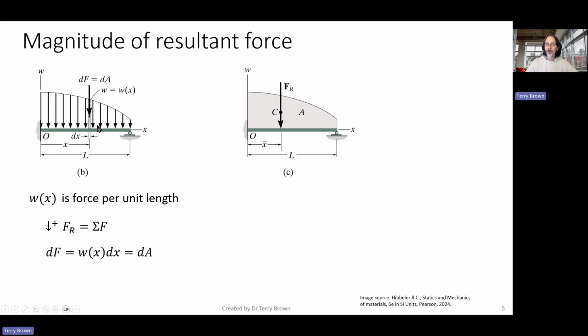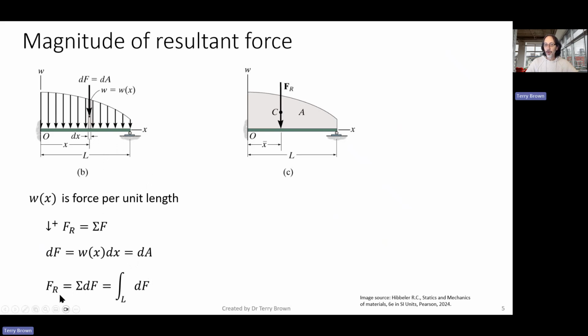That force is equal to the value of the distributed load at that point times the width dx, which is also equal to the area of this little strip. This is just a reminder of the integration and differentiation you did in Maths Modelling 1 and probably at high school, now applied to analysing distributed loads on structural components.